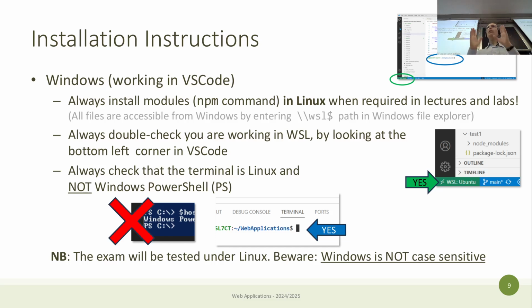You can have Visual Studio Code running in Windows and the rest of the programs running in WSL, so in Linux, and they will talk automatically. This is the way you set up everything. Just make sure you don't work with your files in Windows if you have this mixed installation.